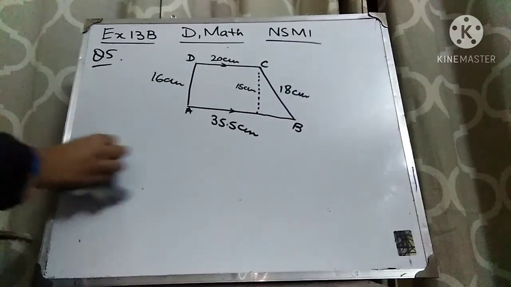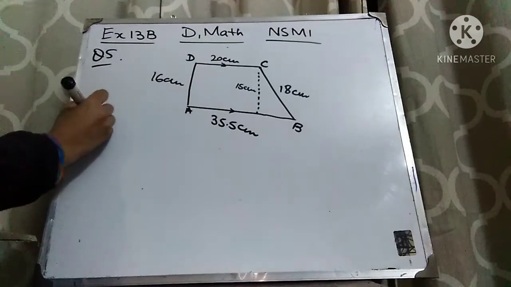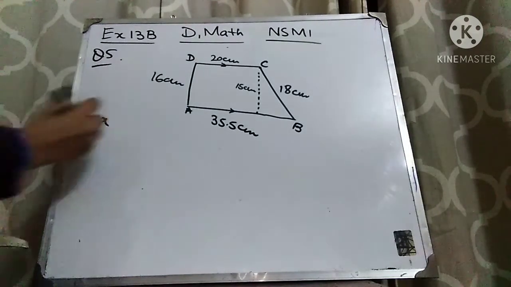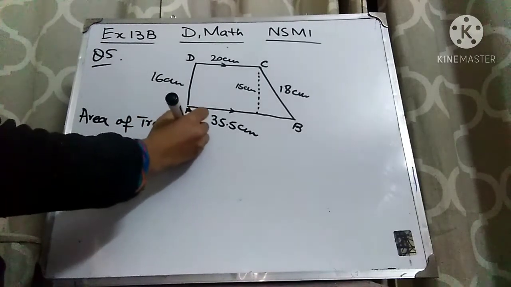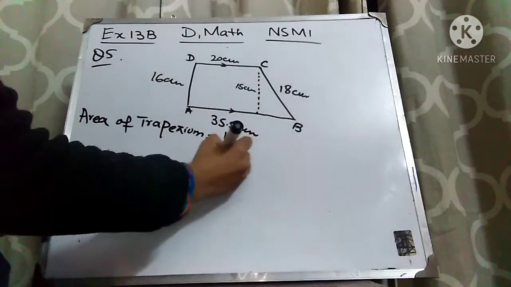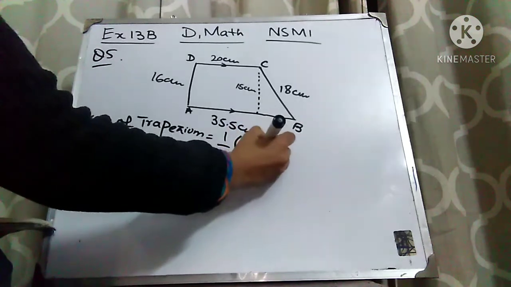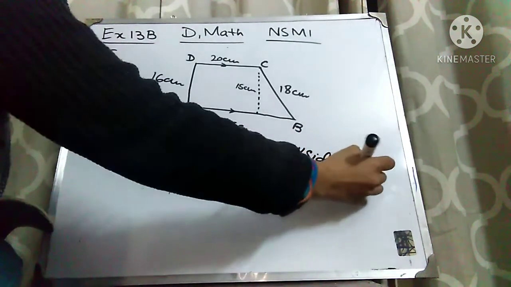Okay, now what we need to do is find out the area and the perimeter of the trapezium. So first write down the formula so that we know what we need to find. The formula to find the area of a trapezium is half multiplied by the sum of parallel sides multiplied by height.